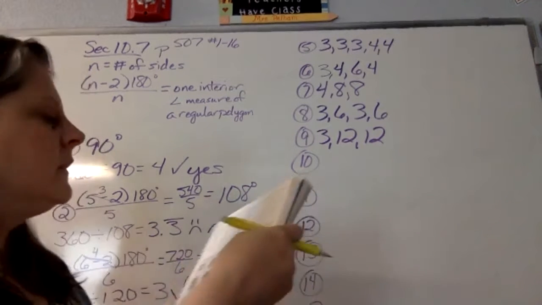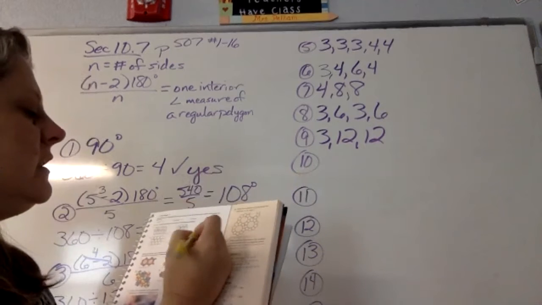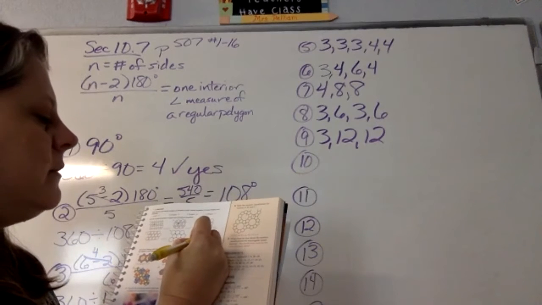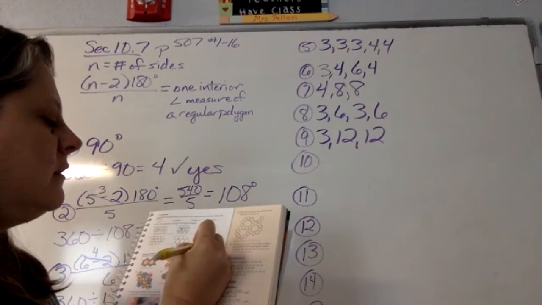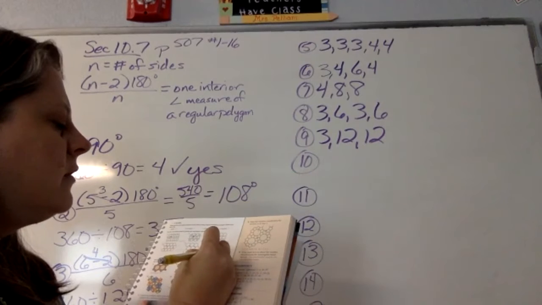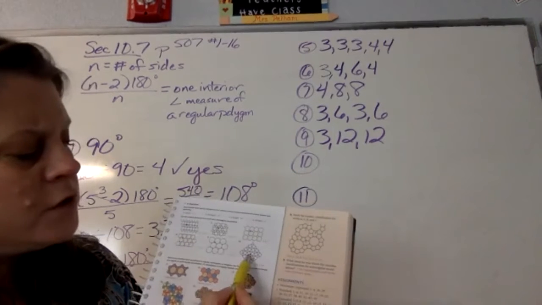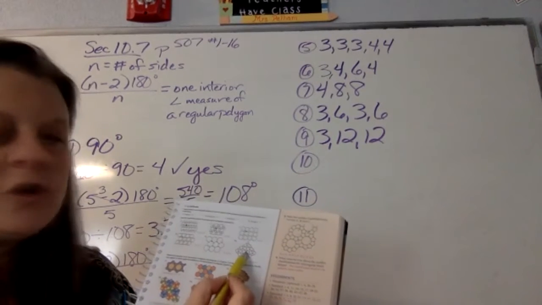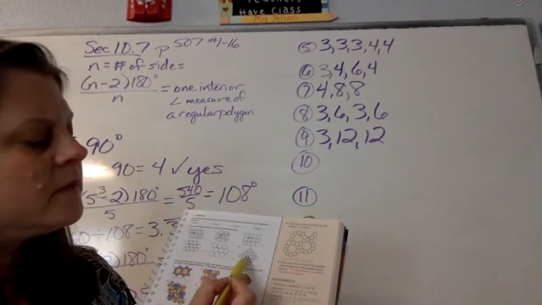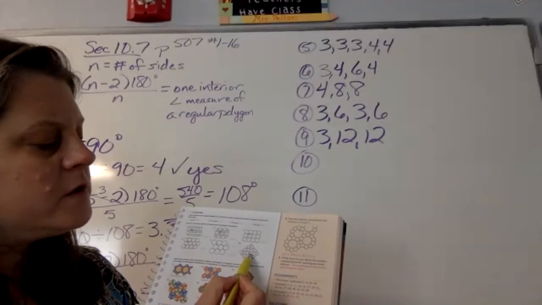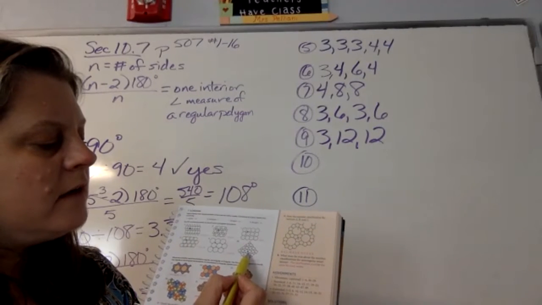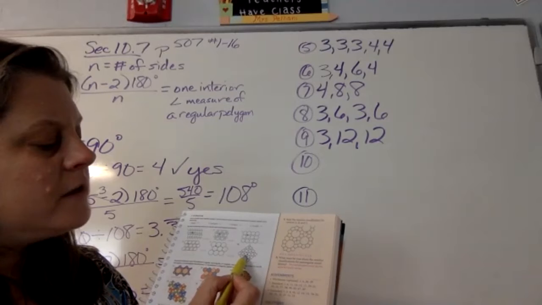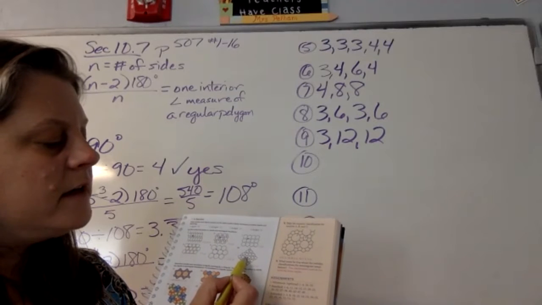Okay, and then the last one, number 10. Let's go right there in the middle. So straight above it is a triangle pointing down to it. And then to the right, there's a square, and then a triangle, and then a triangle, and then another square.